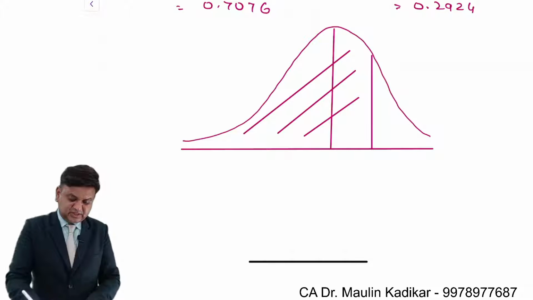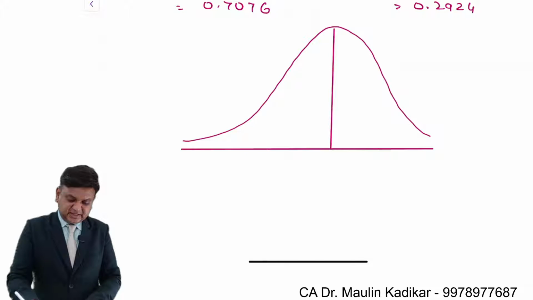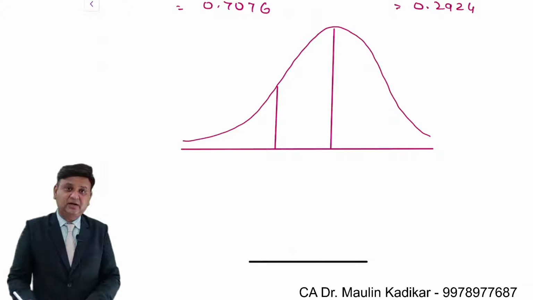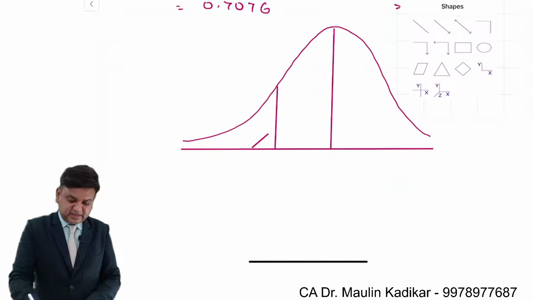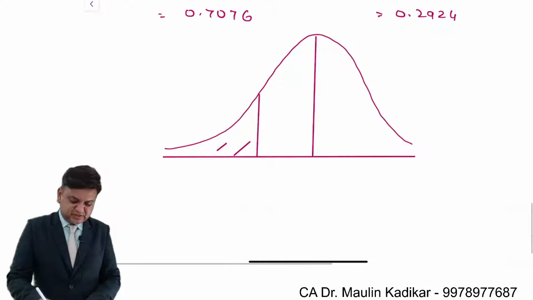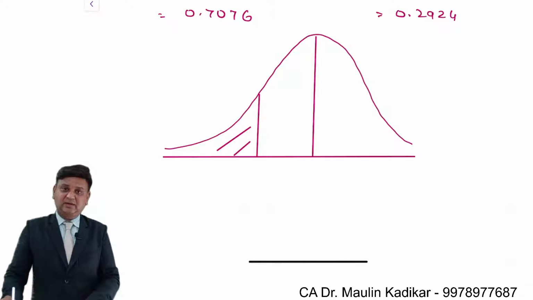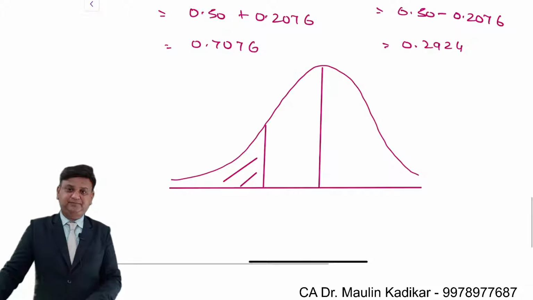And if the D1 value is negative, then we are interested in the area less than 0.5. That is the reason the reading is subtracted from 0.5 for the calculation of ND1. This is what we understand.